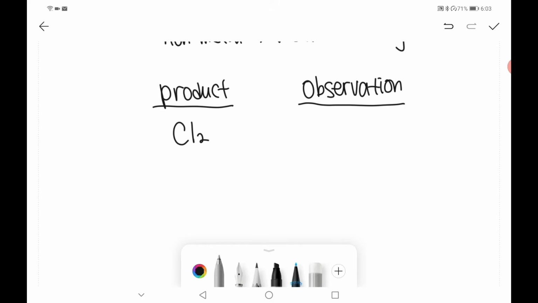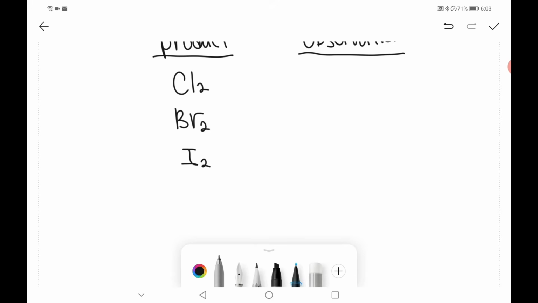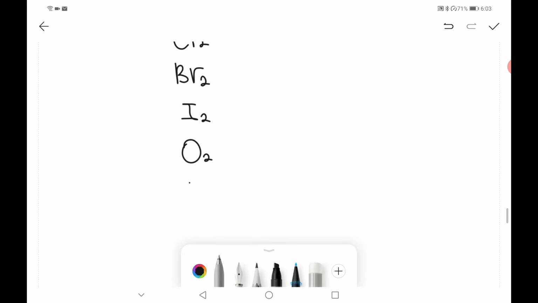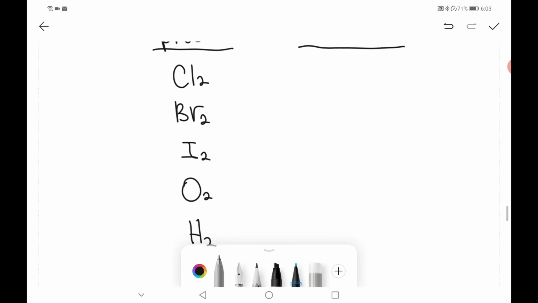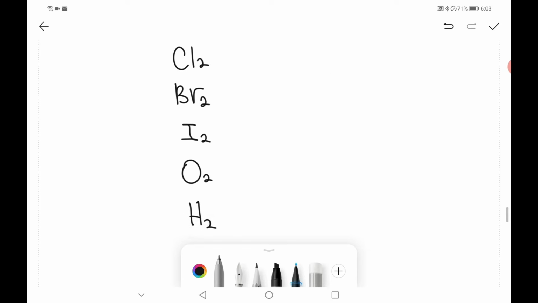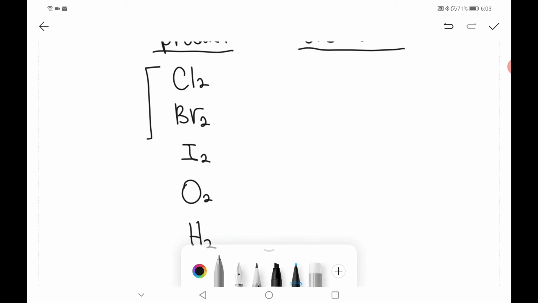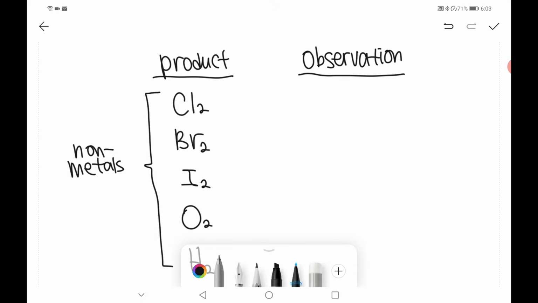Chlorine, bromine, iodine, oxygen and hydrogen: all of them are non-metals. So when they are non-metals, you should expect to see a gas.